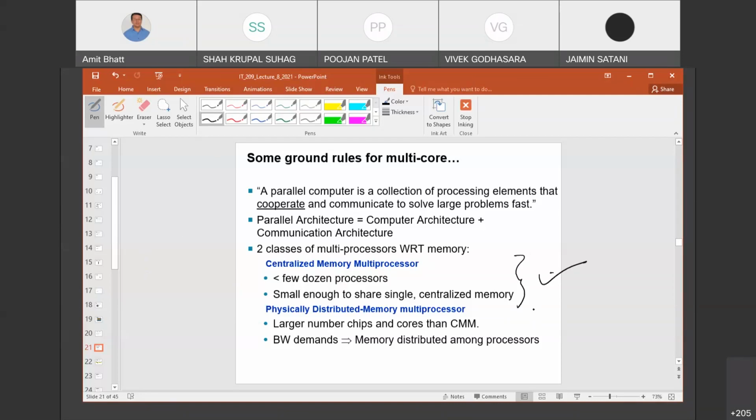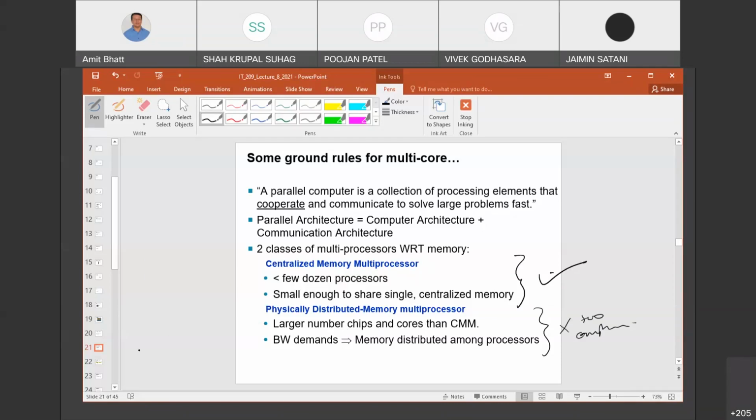The other is not too much in vogue right now. So this is what we are going to study, and this is what you have in your modern laptop and desktop, and even for servers. The other usually comes under distributed computing, and it is a separate area.